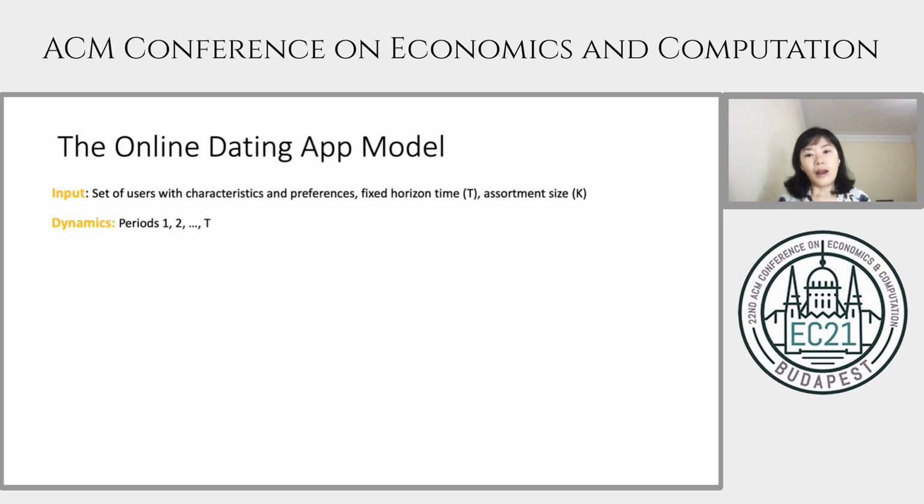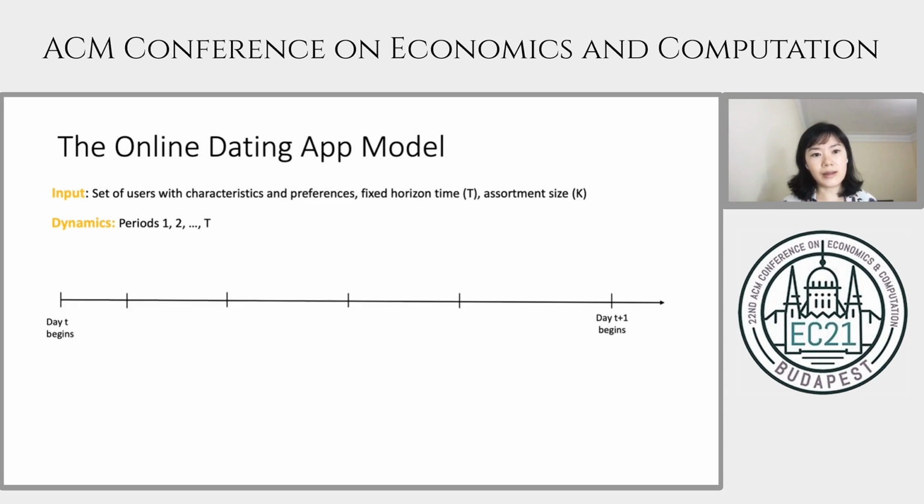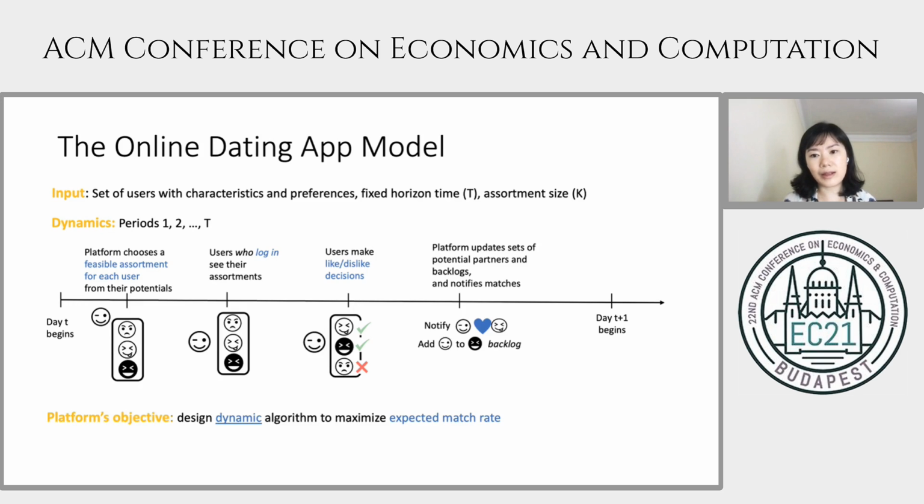So our model looks like the following. We have inputs, which are sets of users with characteristics and preferences. There's a fixed horizon and assortment size. And this is a dynamic problem. As I said before, we select an assortment for each user in each period.